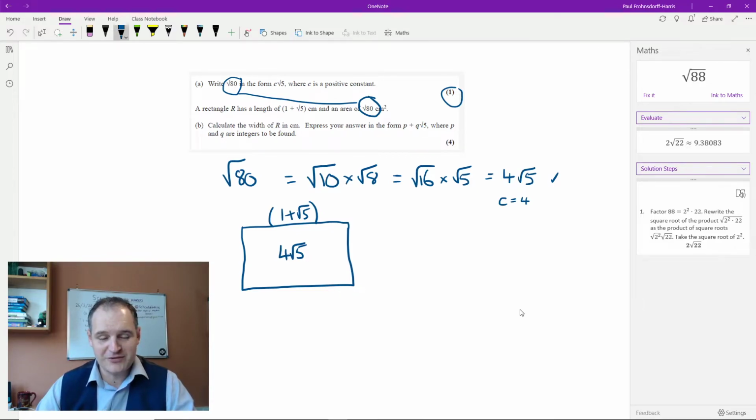Not for the first time today, I'm talking about inverse operations. I know that 1 plus root 5 multiplied by the width, which is called r, will equal 4 root 5. Well, therefore it stands to reason that r is equal to 1 plus root 5.